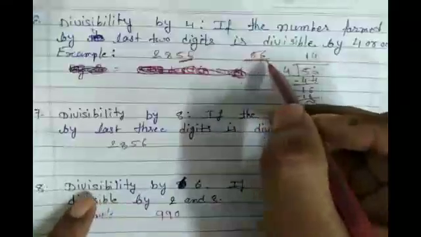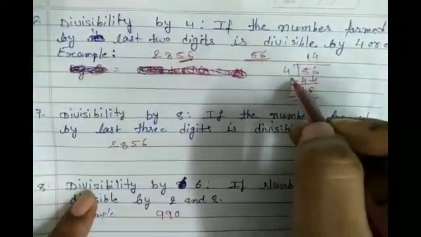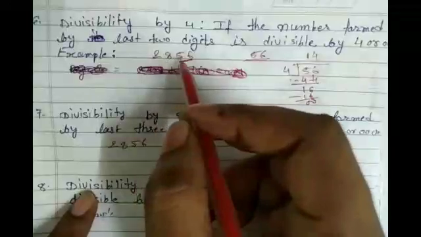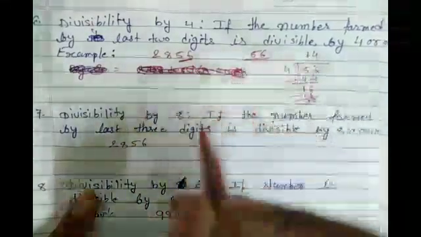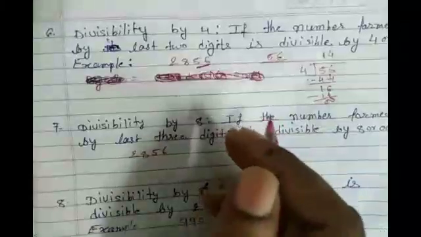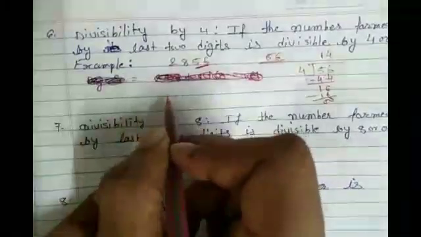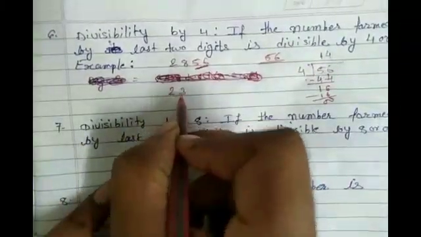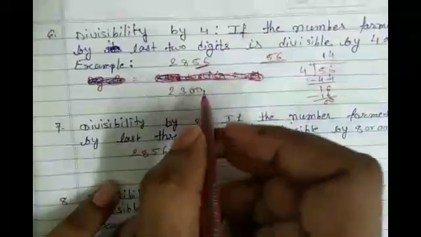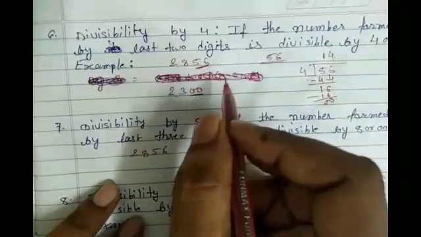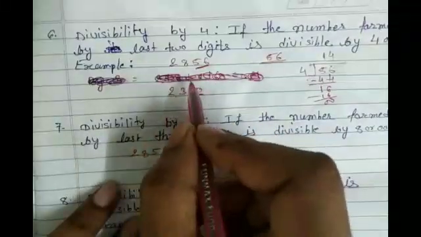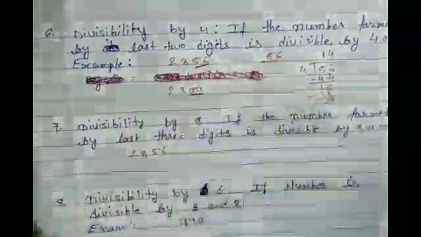Yes, 56 is divisible by 4, so we can say that 2856 is divisible by 4. Or one more example, 2300. If the last two digits are 00, we can say that yes, the whole number is divisible by 4.